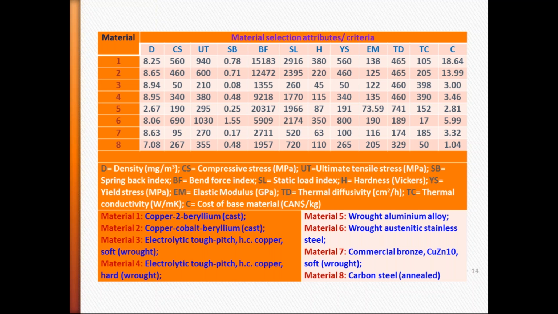The difference is called range of density data. Similarly, the next column, compressive strength, maximum available value I can see 690, minimum available value I can see 50. So the range is 690 minus 50. So different criteria corresponds to different range of available data.